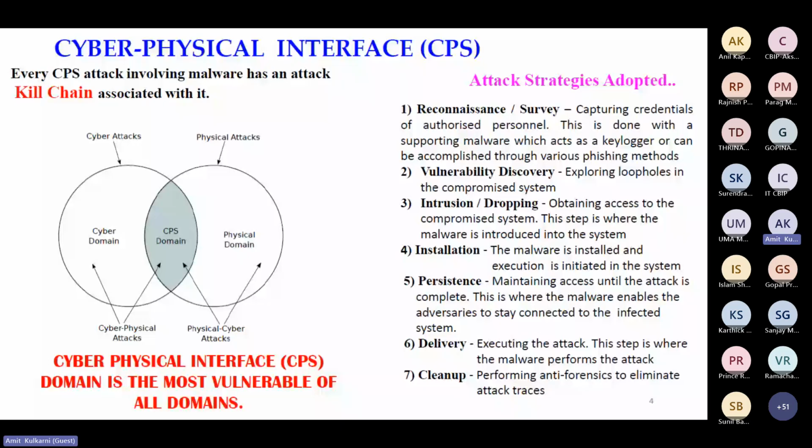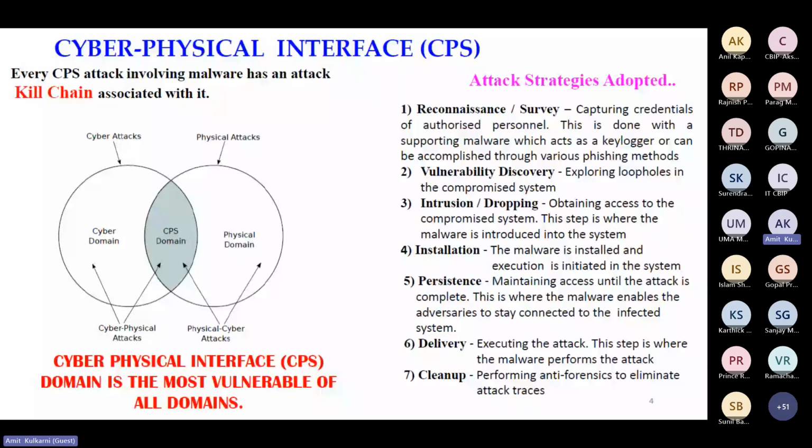Then they find out the vulnerabilities. Then they do the intrusion. Then they get access through malware or viruses, etc., and install that in the system they want to target. If they are not successful on their initial attempts, they are very persistent in trying their attacks and infiltrating the system.